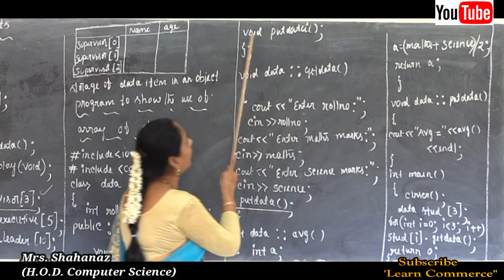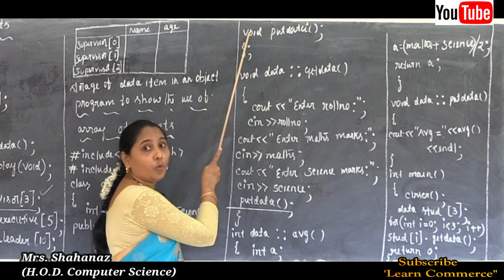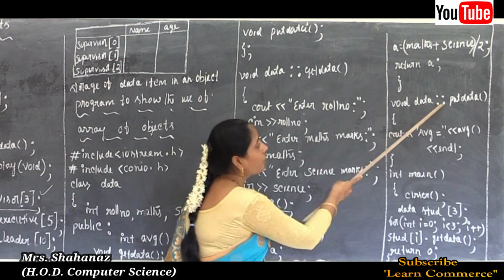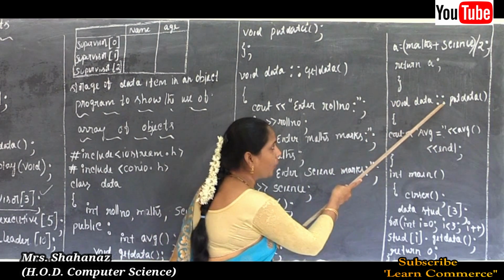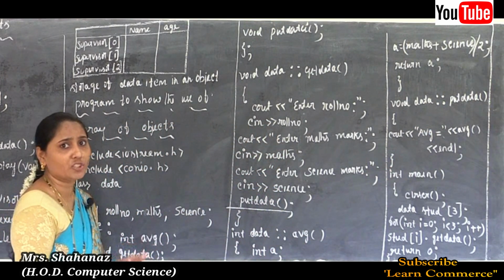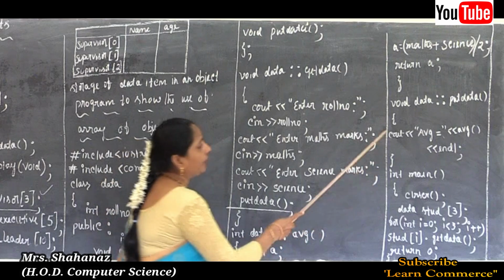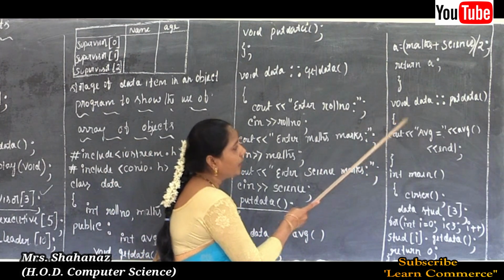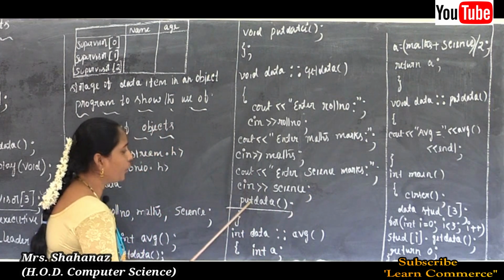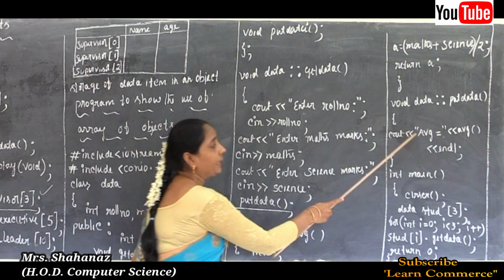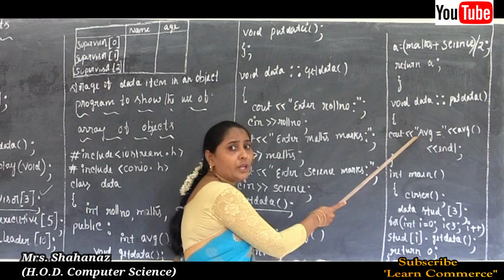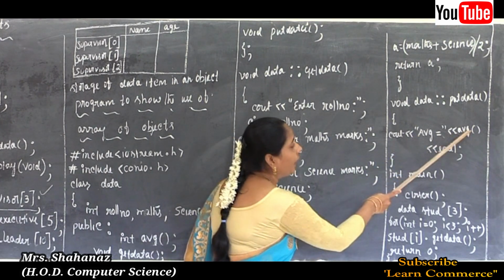Because in our put data the return type I used as void here, so void, and the class name is data here, scope resolution operator, and later next one is our put data, that is the member function name, and opening of the flower bracket, and later the one simple message I want to display in our put data, the message as AVG, average, or you can write it in full. Okay, so AVG is equal to the average function.